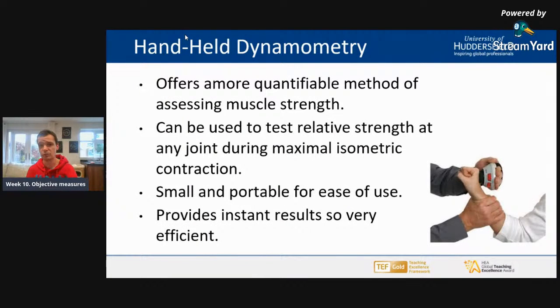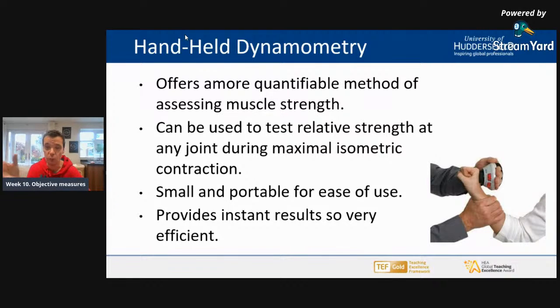So one of the things that comes out is something called dynamometry, and there's a couple of types of that which I'll go through. Handheld dynamometers are becoming more and more useful now. You tend to see one like the one in the picture in the bottom right, where it's a handheld device and you're getting the patient to resist against that device, and it essentially quantifies the muscle power that's been produced there, which is really quite useful. They give you instant results.